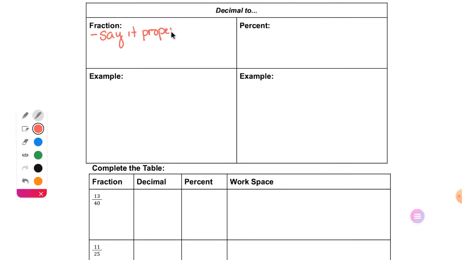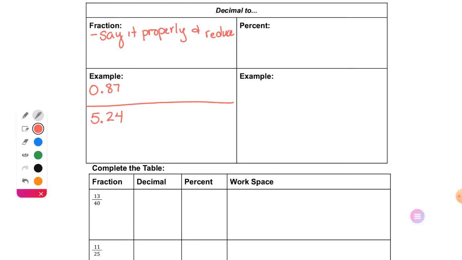Yeah, you say it properly and then reduce. So we're going to do 2 examples. 0.87, 5.24. Is that saying it properly?